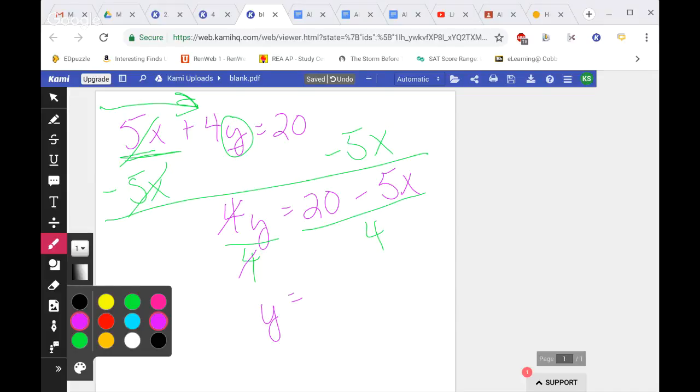Okay, what is 20 divided by 4? 5. Good job. And then you'll have this 5 minus 5 over 4x. And now it's in function notation. It could also be written like this. Either way is correct.